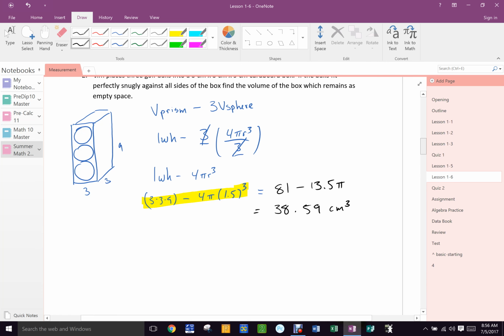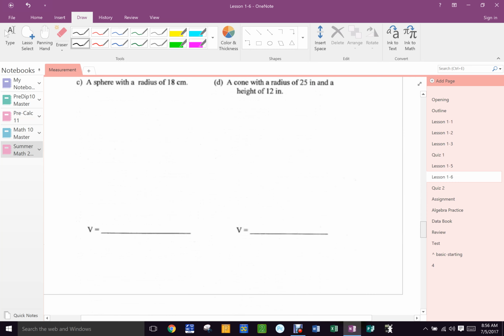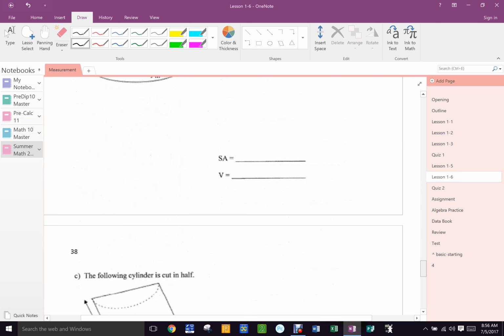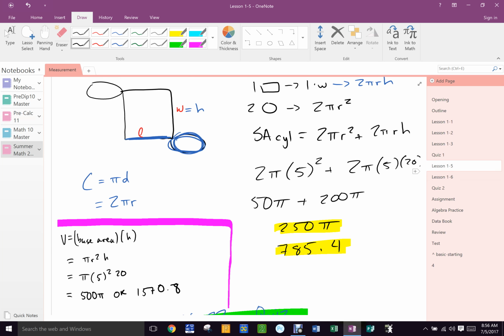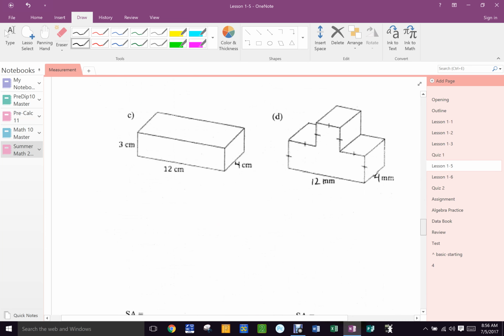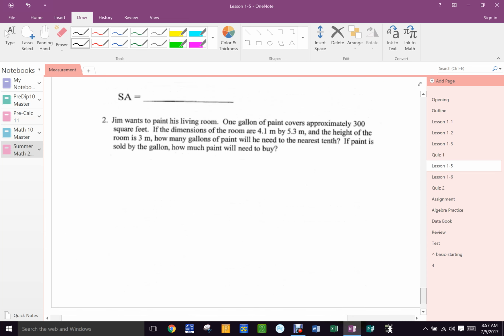Regardless, work on 35 to 38 until break. When you come back from your break, quiz, then I'll give you some more time to finish 35 to 38. Oh, and also you have time to work on this if you want as well. 30 to 32.